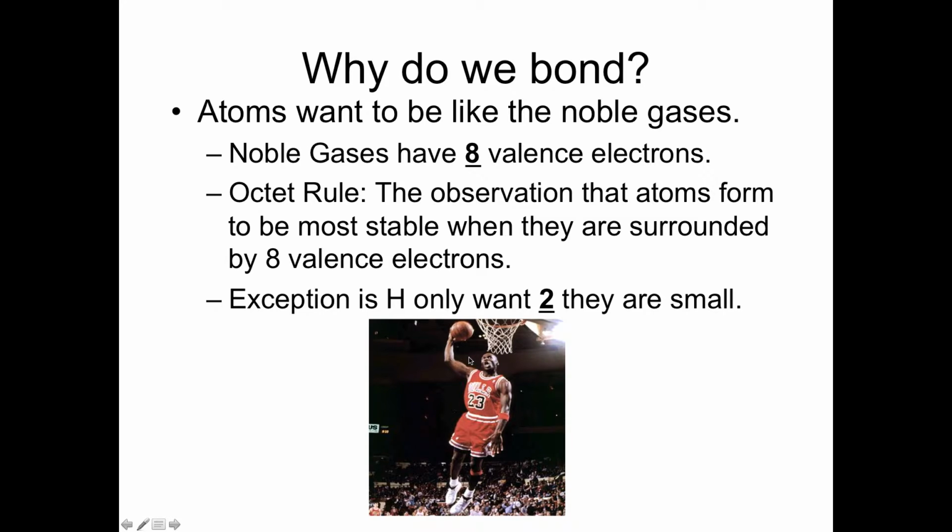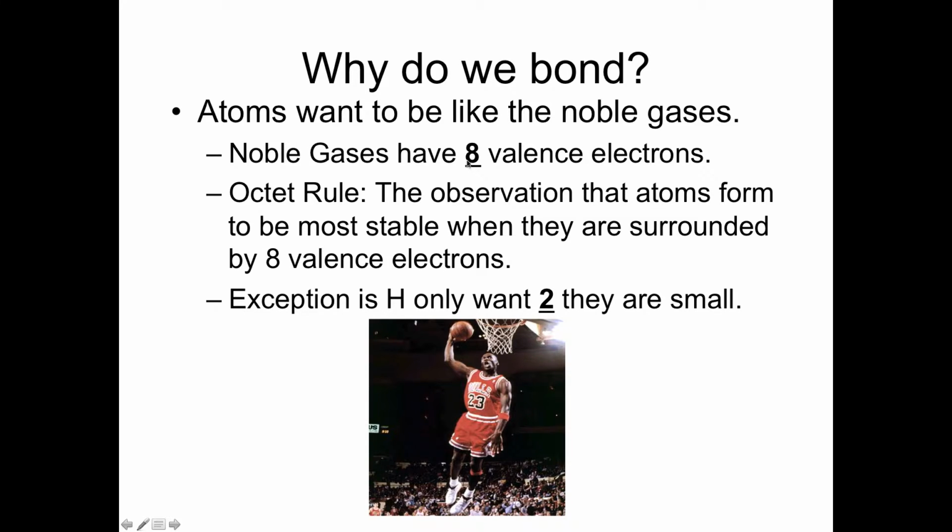Basically, what that means is noble gases, argon, neon, all have 8 valence electrons. And if you remember, I told you guys that noble gases don't like to bond; they're very snooty. So basically, all other elements that aren't noble gases want to be like the noble gases. They're going to try to manipulate themselves in order to get 8 valence electrons.